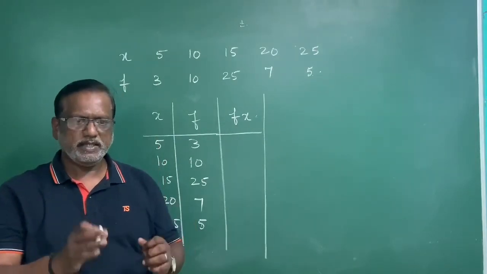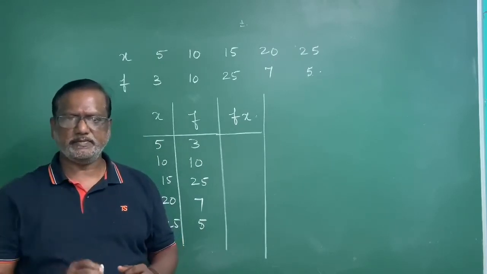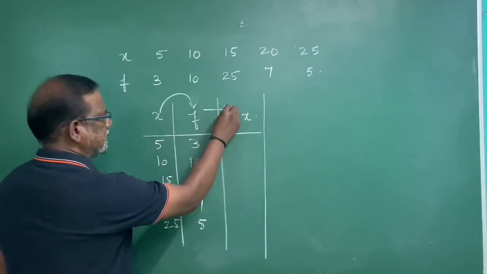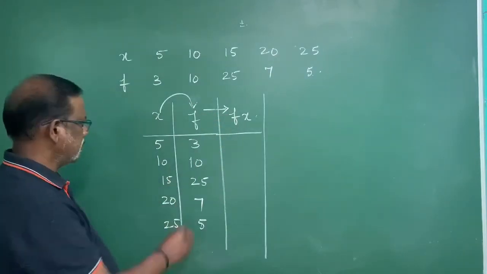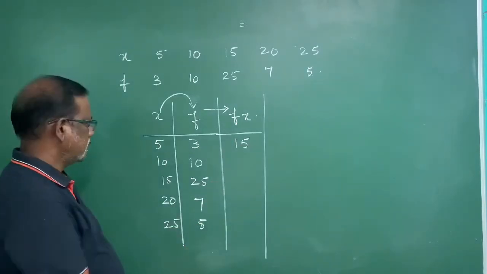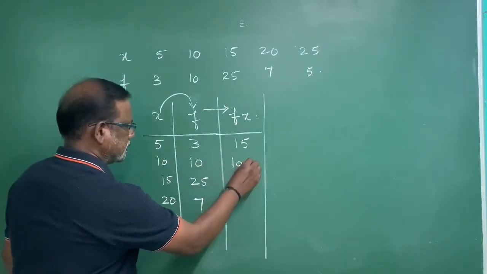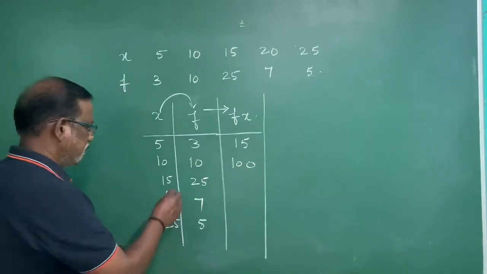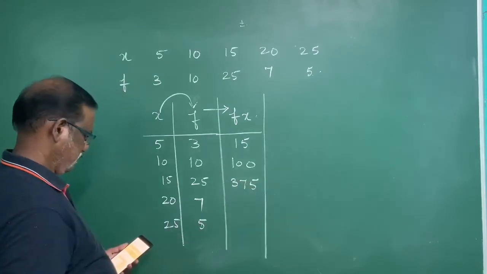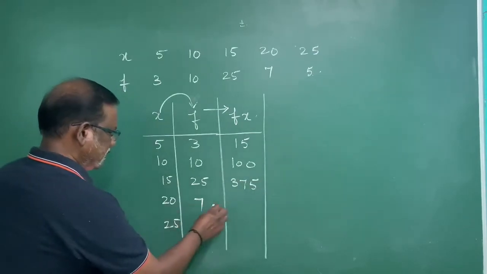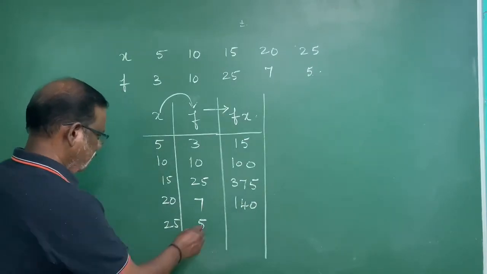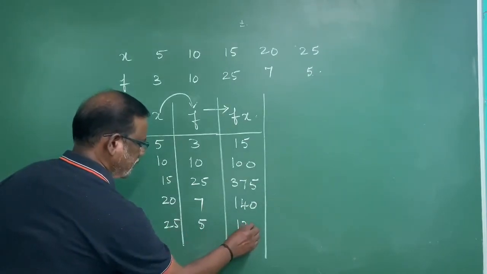Multiply the x column with the f column and write it here. 5 3s are 15, 10 10s are 100, 15 25s are 375, 20 7s are 140, 25 5s are 125.